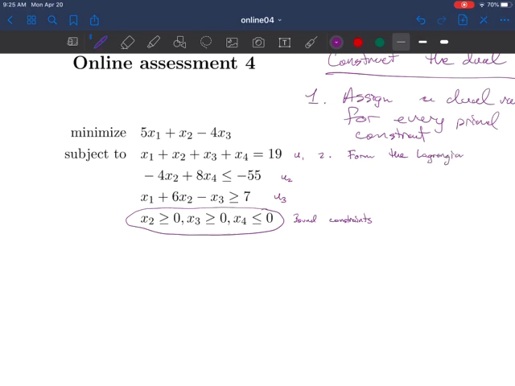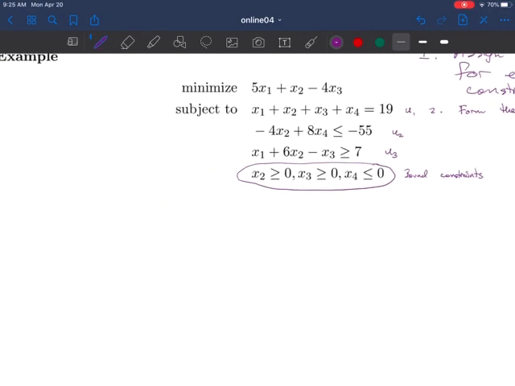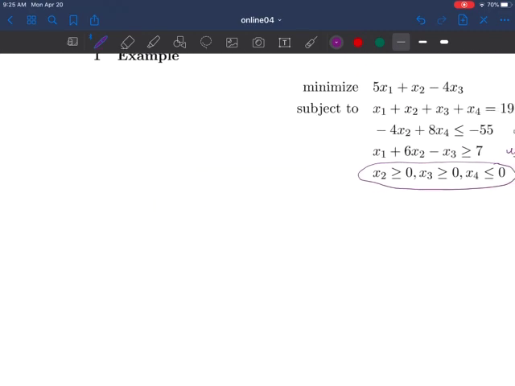The second thing we do now is we form the Lagrangian, and this is the most important step in some sense because this is what lets us construct the dual linear program. The Lagrangian is formed by taking the objective of the primal and putting it on the left-hand side. And this next part of this step is really the most important one.